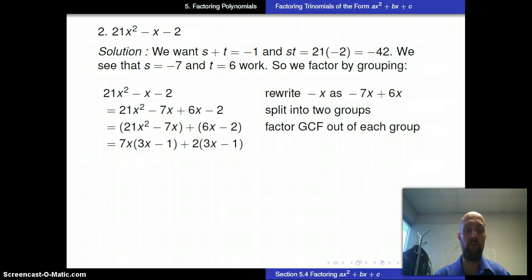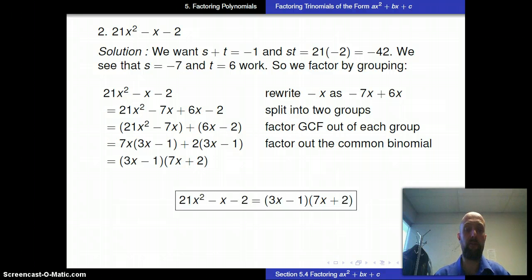We factor out 2 and are left with 3x minus 1. Next, we factor out the common binomial 3x minus 1 and are left with 7x plus 2. So we have the factorization. 21x squared minus x minus 2 is 3x minus 1 times 7x plus 2.